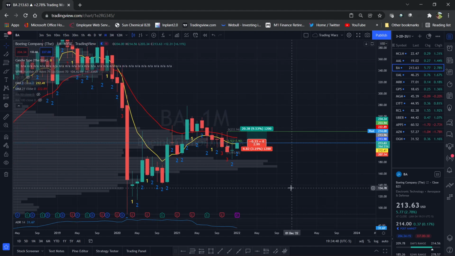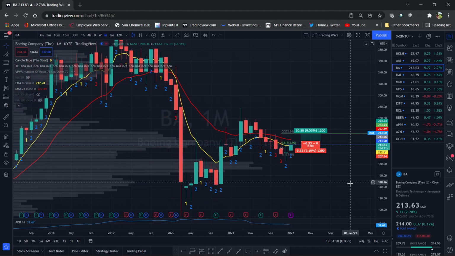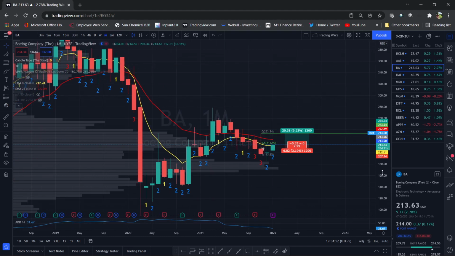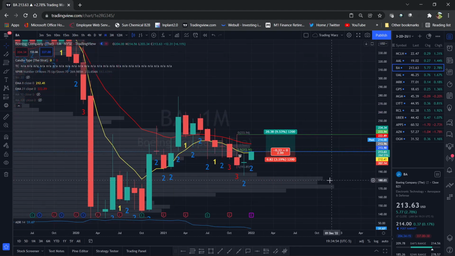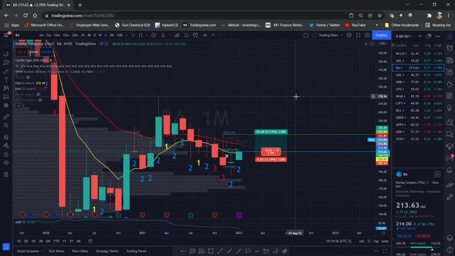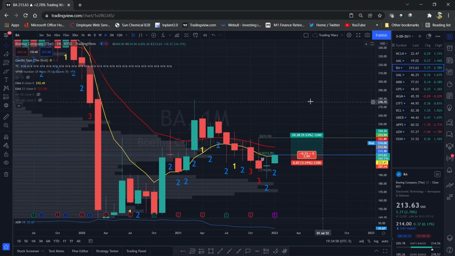But again, unless this thing really looked sweet, I would not consider it. It triggered, but it closed right at my trigger there. So again, I did not get into this one.